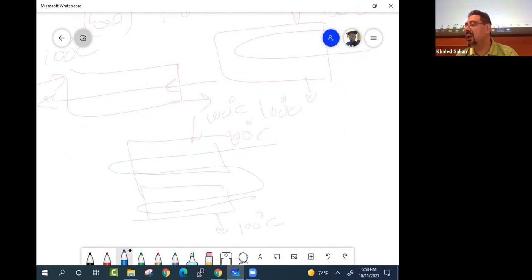In all those scenarios, the cold fluid goes into the pipe, and during the whole journey, whether it's parallel or counter or cross flow or shell and tube, what does it see on the other side of the pipe?